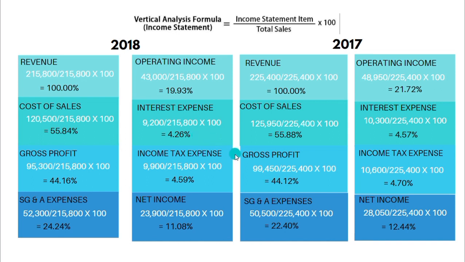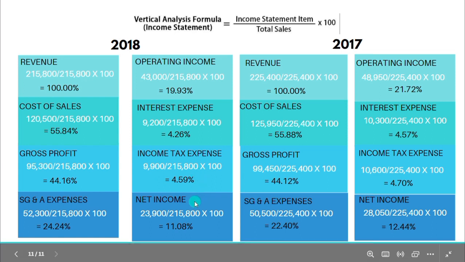Sa income tax expense, merong 9,900 noong 2018 divided by the total revenue which is 215,800 times 100 is equals to 4.59%.